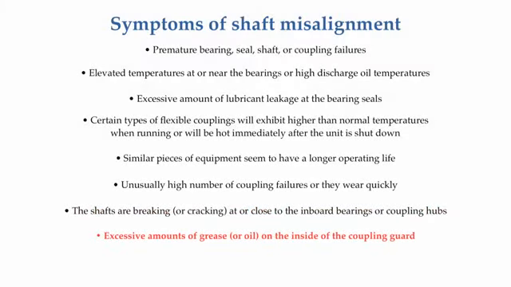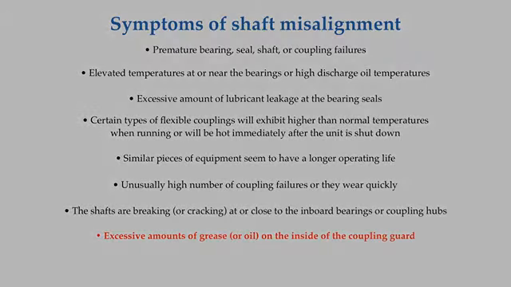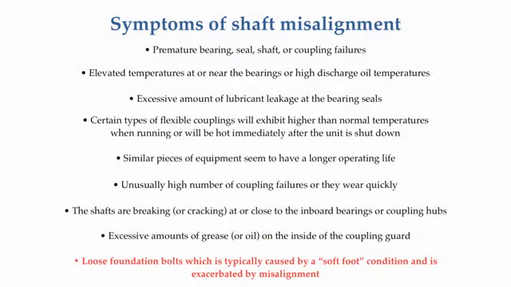With mechanically flexible couplings, there is grease or oil on the inside of the coupling guard and on the base plate. Another apparent symptom of misalignment is loose foot bolts or loose shim packs or loose dowel pins. This is usually attributed to a sawfoot condition, which will be discussed in detail in another tutorial.